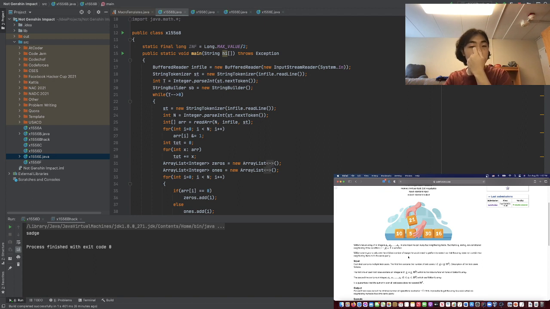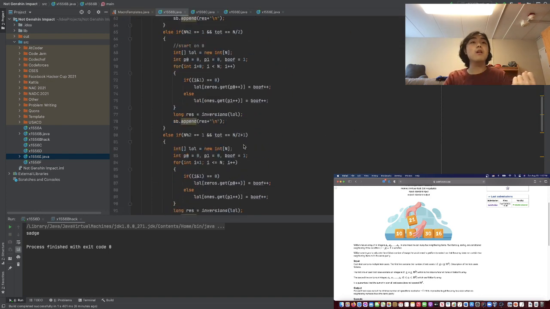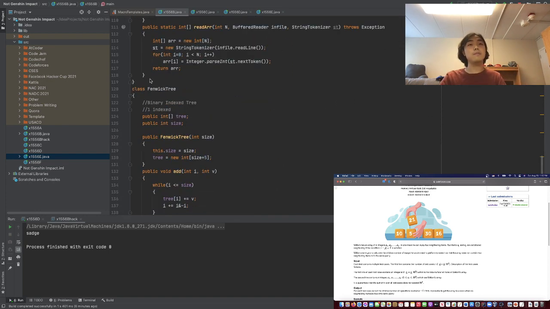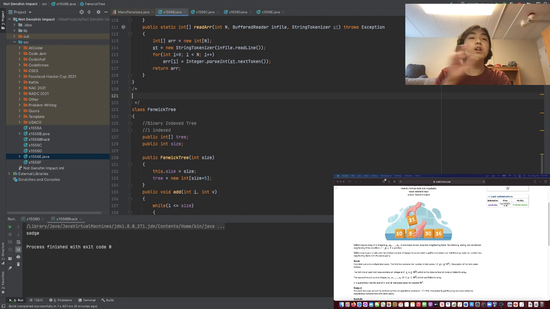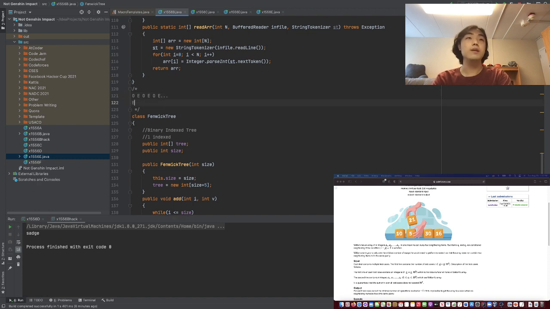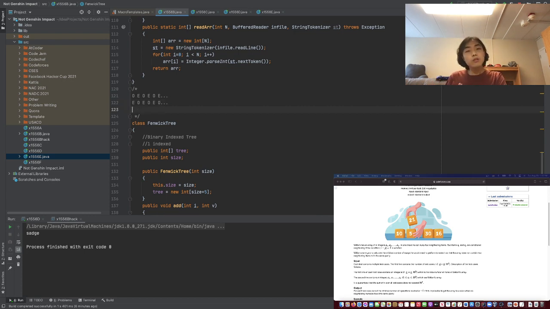Because when they say that any two adjacent numbers at the end cannot have the same parity, what this means is that it forms a one-dimensional checkerboard pattern. It would have to be either odd, even, odd, even, etc., or even, odd, and so on. So those are really only two possible cases that you have to consider.